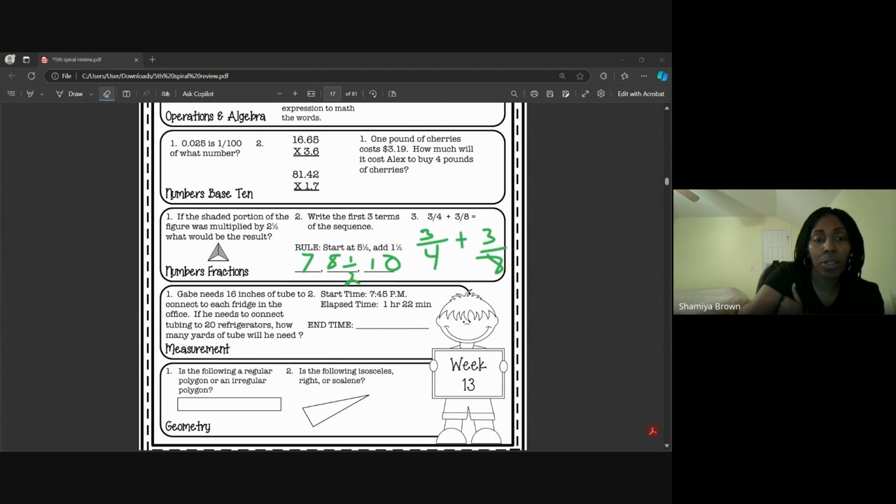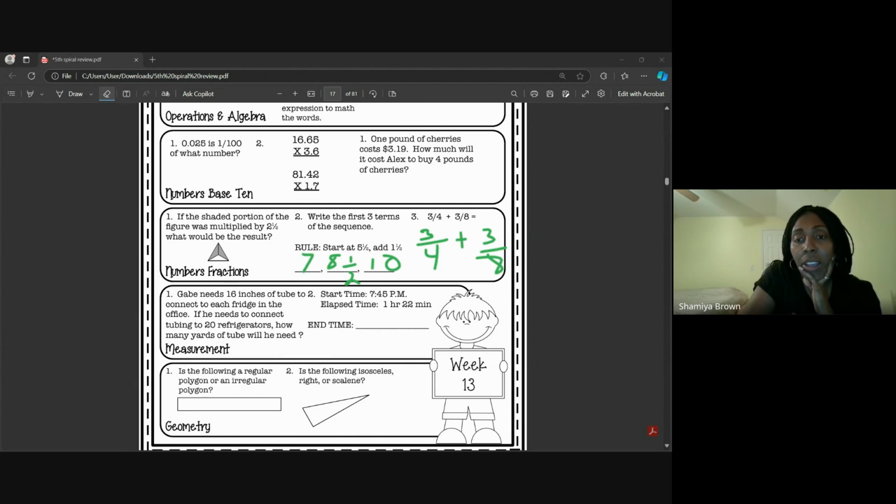All right, so I need to make this the same denominator, so I have to find a common denominator for 4 and 8, and I know it's going to be 8 because that's the first common multiple I'll have for 4 and 8. So it's going to be 8.